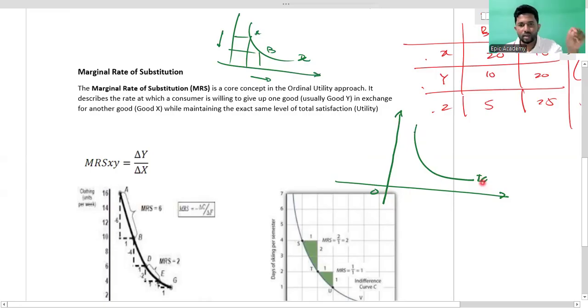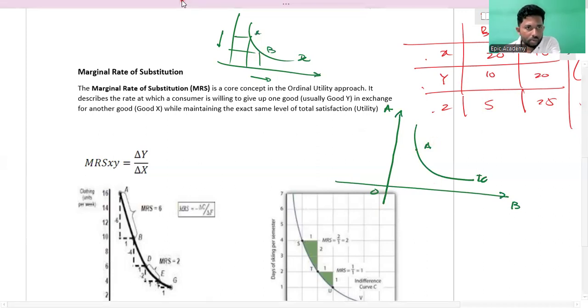The total utility is similar in here. So this is the consumption of A, this is the consumption of B. I will label that point as X, and this point as Y.